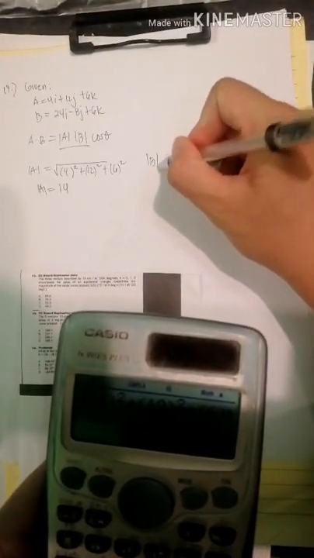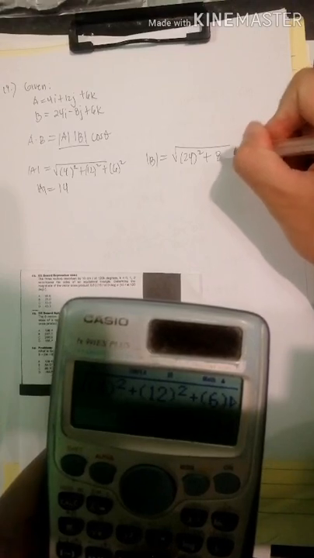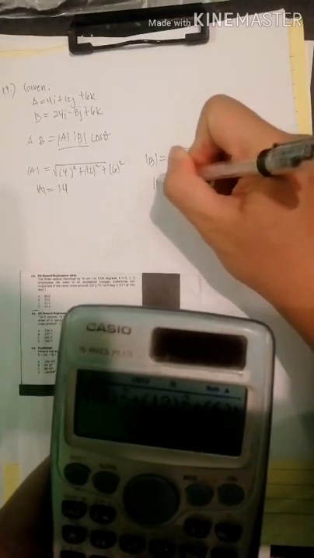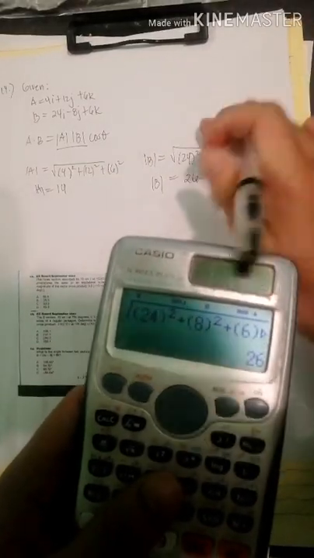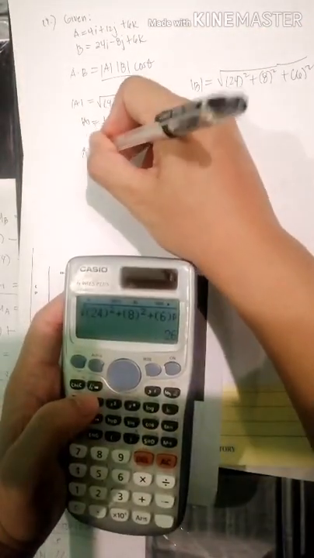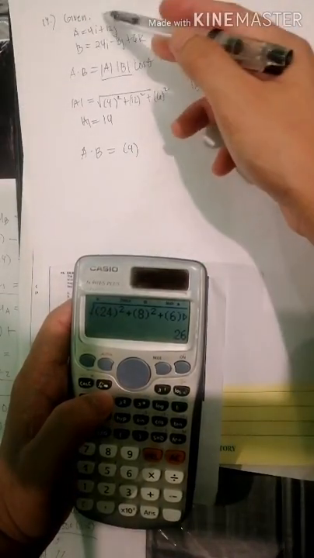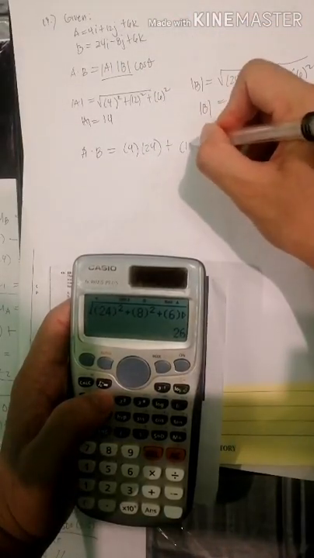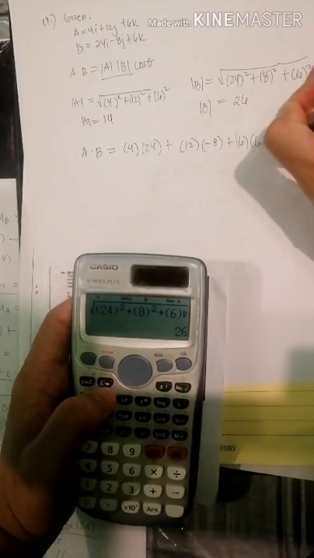The magnitude of B equals the square root of 24 squared plus 8 squared plus 6 squared. The answer is 26. Then we solve A dot B, which is 4 times 24 plus 12 times 8 plus 6 times 6.